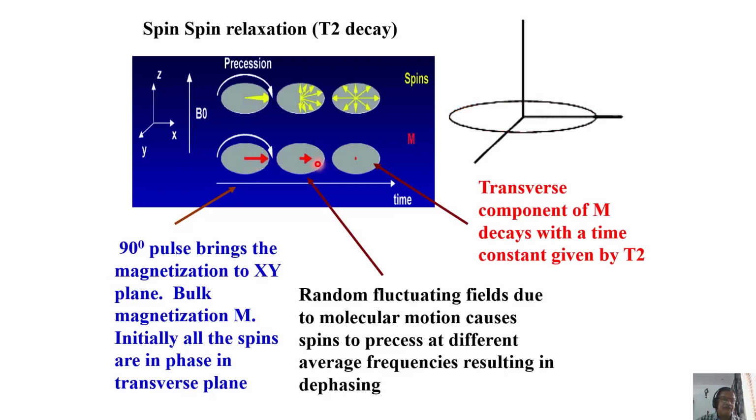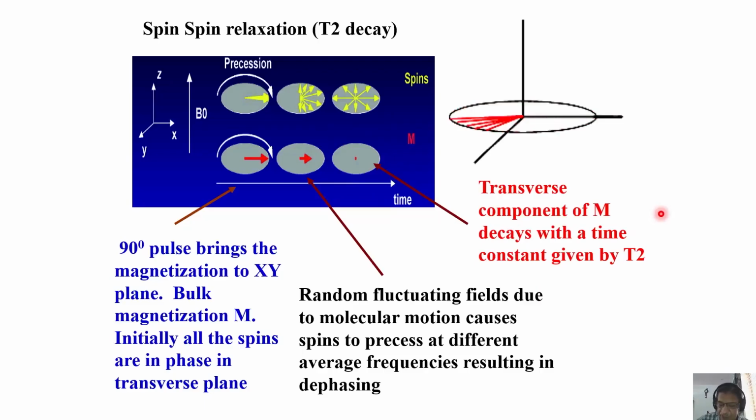With time, slowly the phase coherence is lost, and you start losing signal intensity. After some time, there is complete decoherence. There is no signal seen in the transverse plane, no component at all. This time constant, which makes the Mx and My components decay completely, or undergo decoherence completely, is called T2.